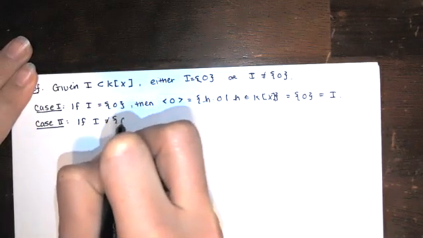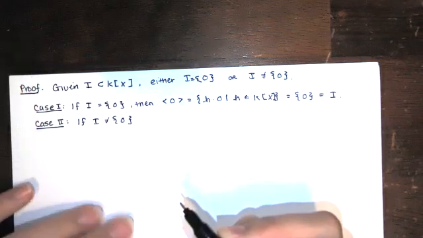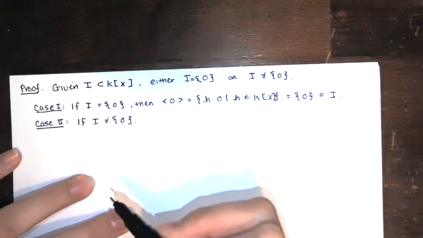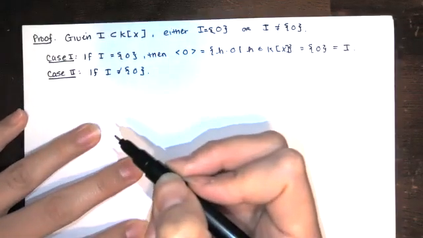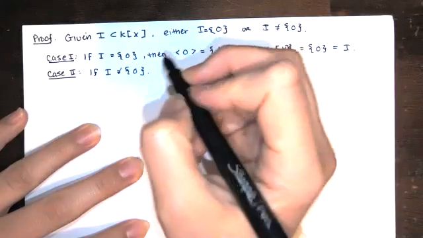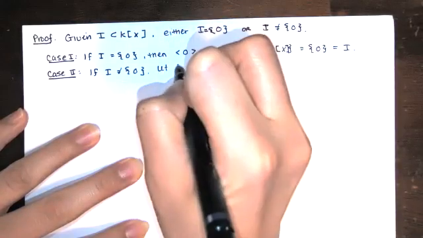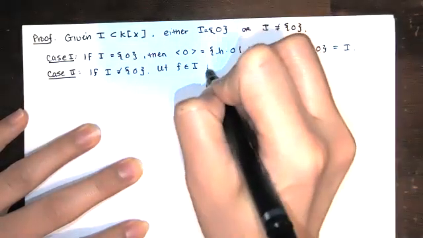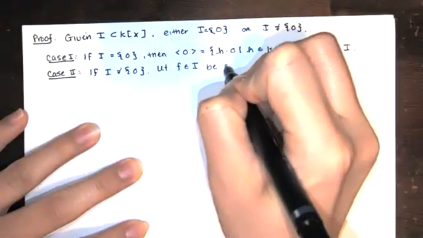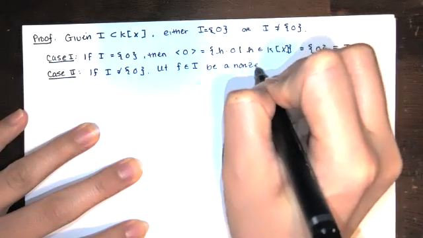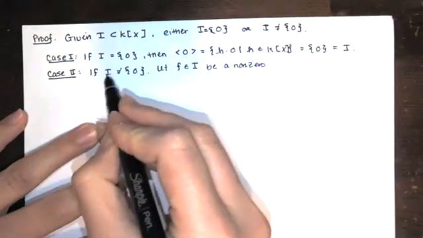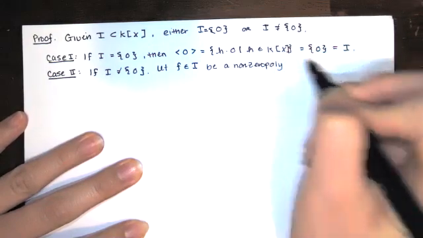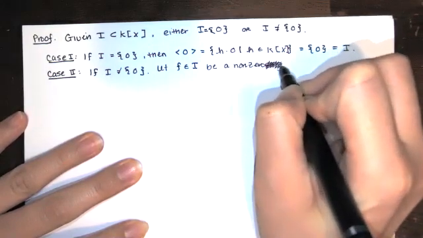Here's an ideal that does not consist of just the 0 polynomial. It's much more interesting than that. In that case, our ideal will contain infinitely many polynomials. So what we want to do is let f be a polynomial in I, and we want it to be a non-zero polynomial. So this I will contain the 0 polynomial, but we want one of the other ones.